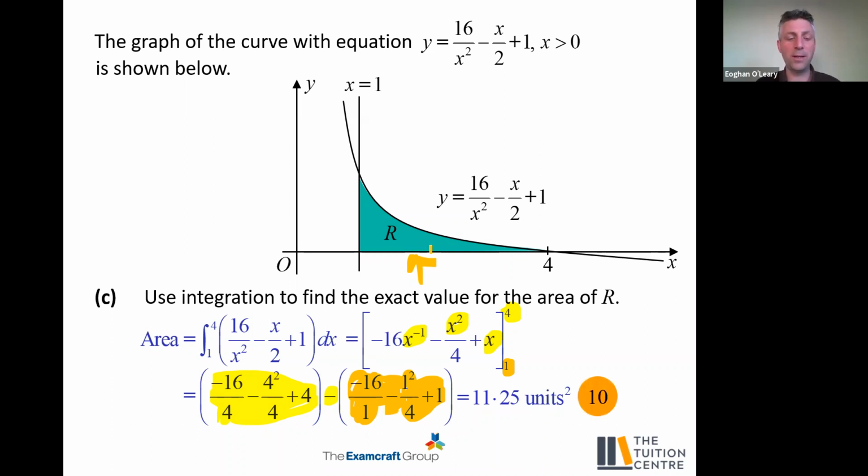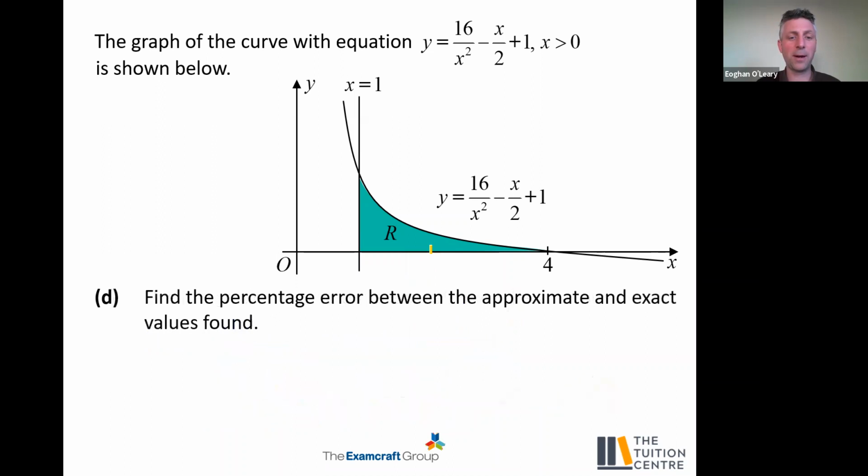So we're nearly there with the question now. We just have one last part to go. Find the percentage error between the approximate and the exact values. So the percentage error is going to be the error over the actual multiplied by 100 over 1. So our approximate was the 11.88. The exact was 11.25.